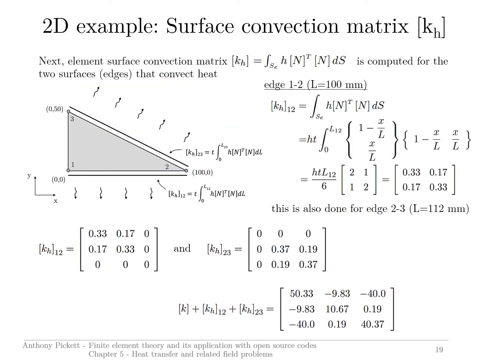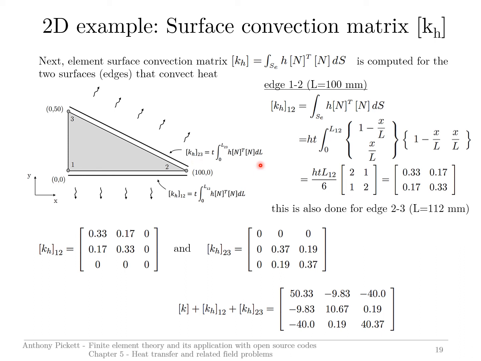So the next step is to compute this convection matrix, KH, at the top. This applies only to these two surfaces shown here and here. The matrices are given by these expressions.